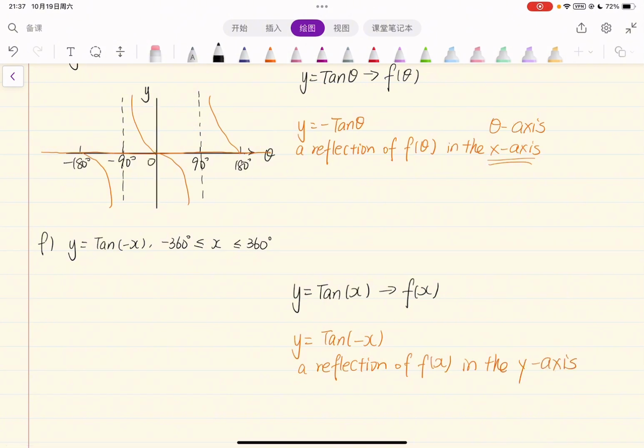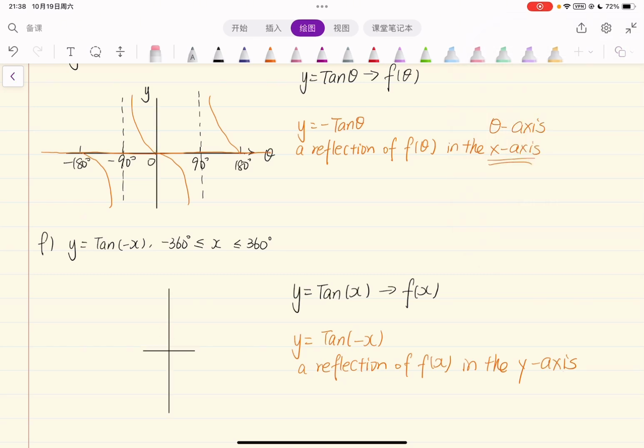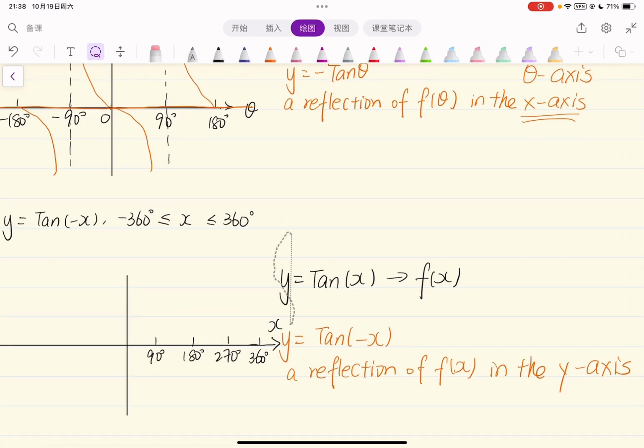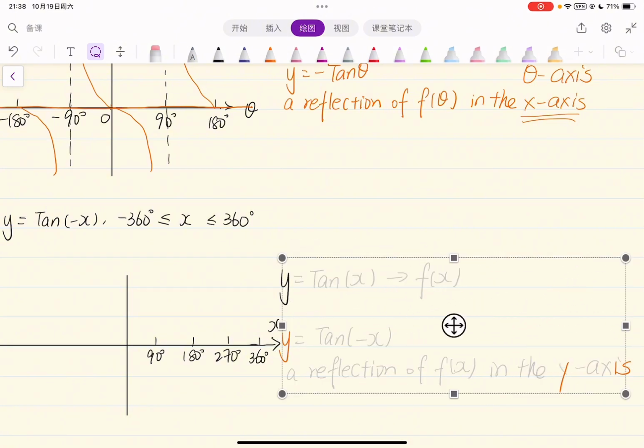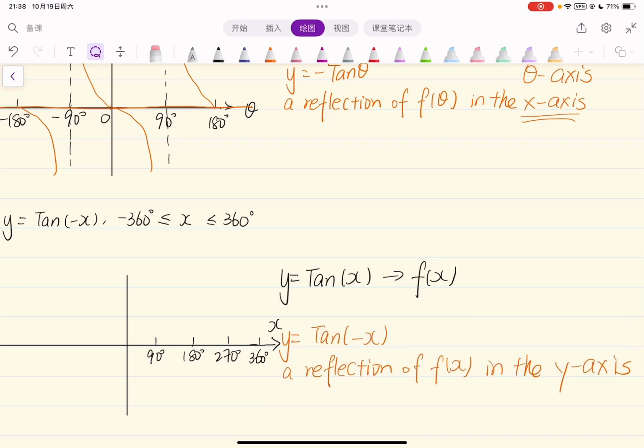So firstly, let us draw the graph of y equals tangent x. Beware, between negative 360 degrees and 360 degrees. So we have 90 degrees, 180 degrees, 270 degrees, 360 degrees. Here is x.